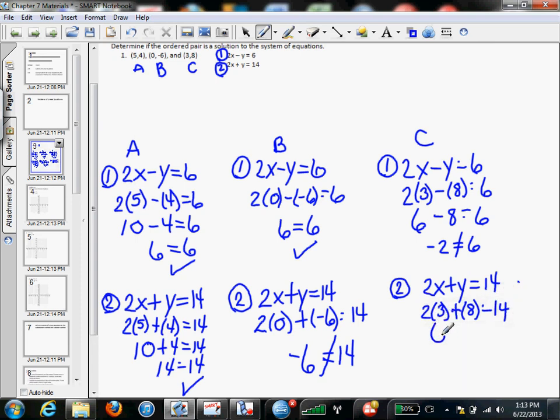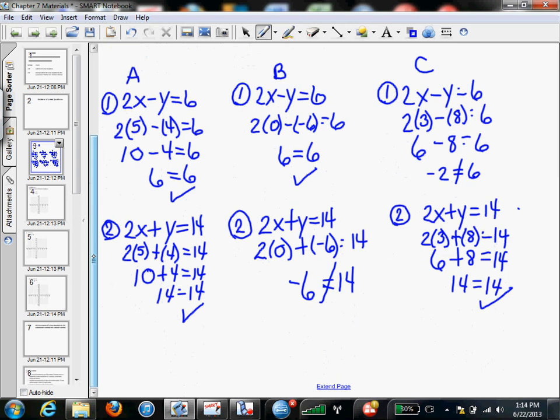So 2 times 3 is 6 plus 8 equals 14. And 6 plus 8 is 14. So 14 equals 14 makes a true statement. That means that the coordinate pair C, which is 3, 8, is a solution to the second equation, but it is not to the first.